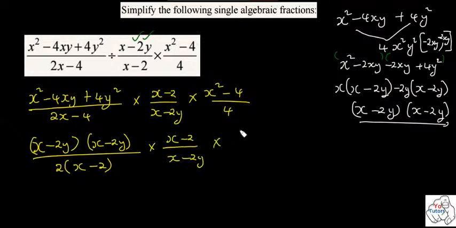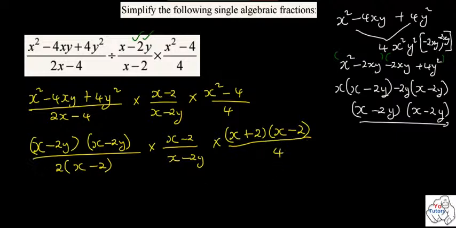Then multiplied by x plus 2, x minus 2. Difference of two squares, guys, don't forget, x minus 2 over 4.